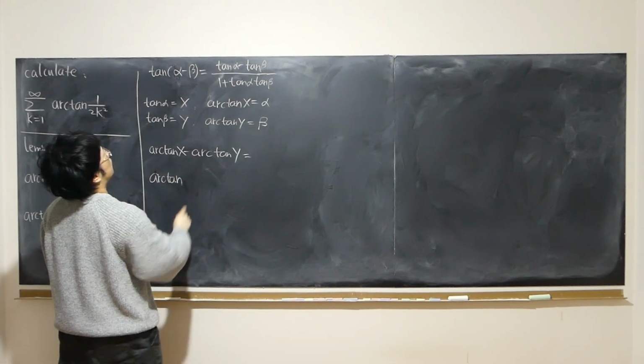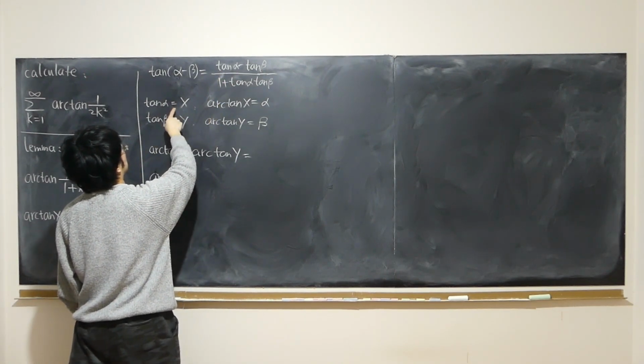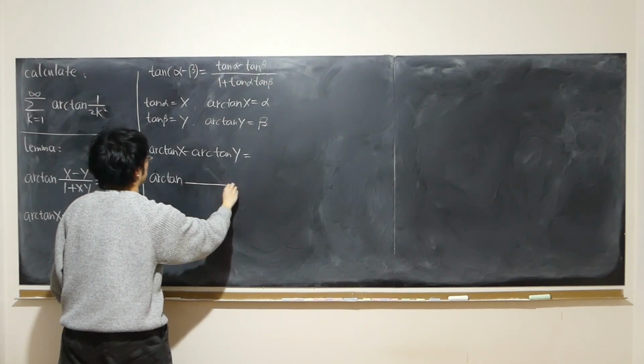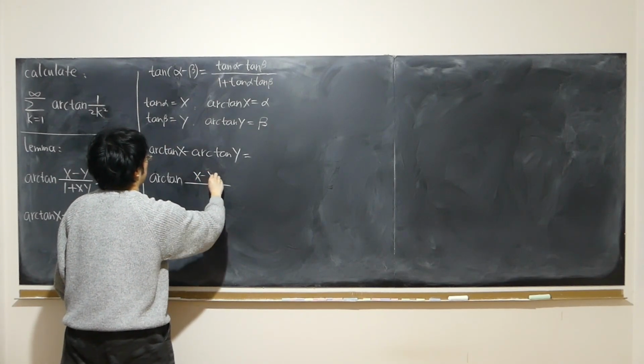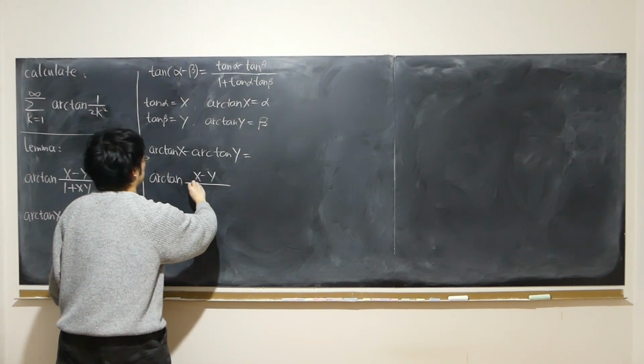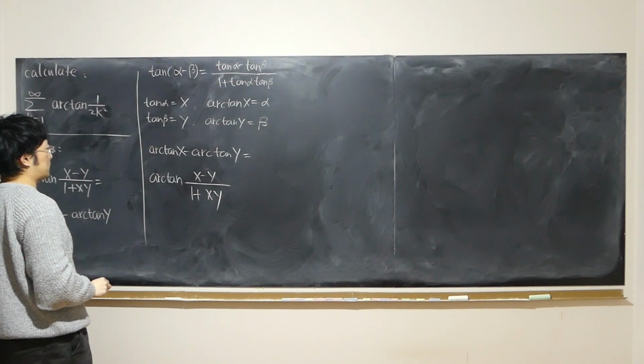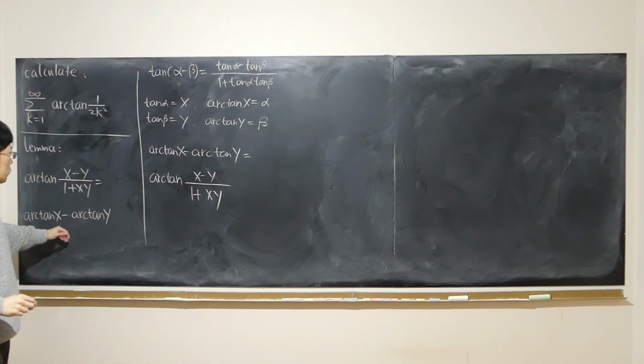Arctangent of tangent alpha minus tangent beta is just x minus y, and 1 plus tangent alpha tangent beta is just 1 plus x times y. So we've derived this identity.